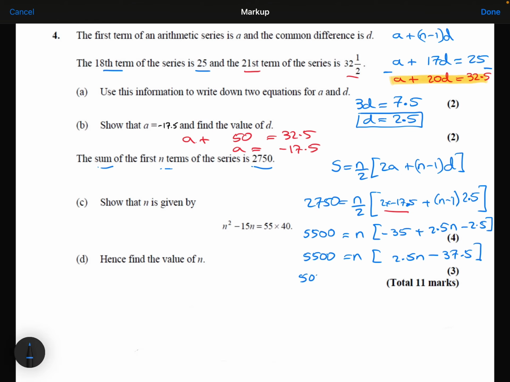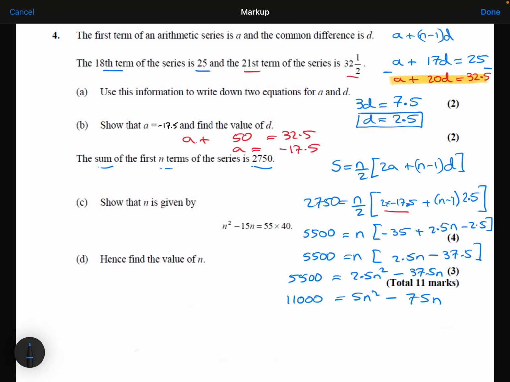Expanding the bracket, 2.5n squared minus 37.5n. I don't like these 0.5s, so I'm going to times both sides by 2. And then I noticed that actually I could divide everything through by 5.